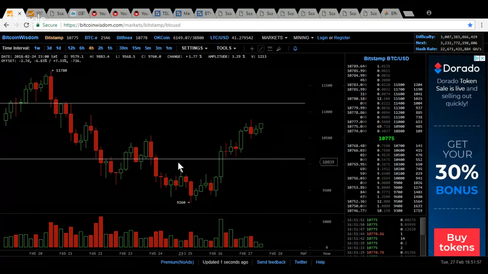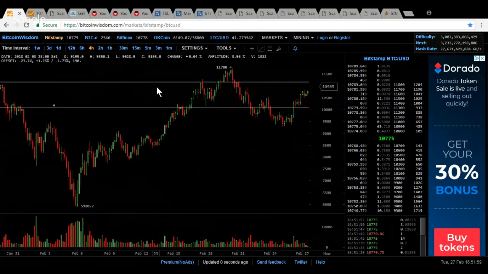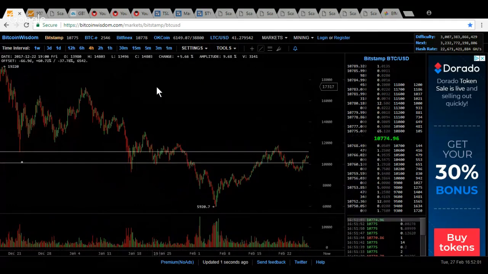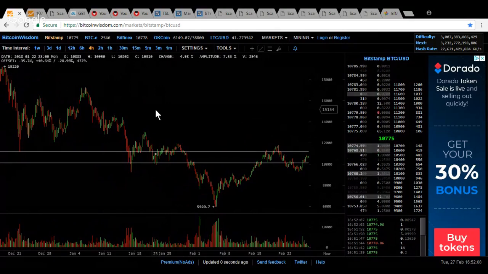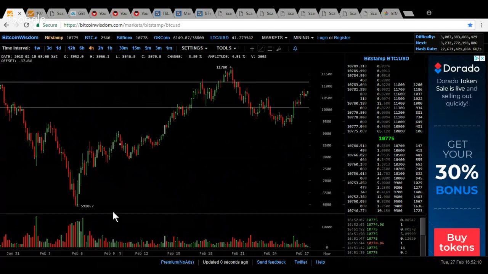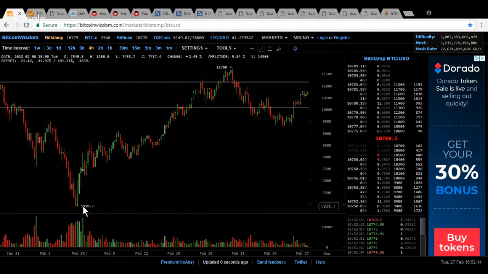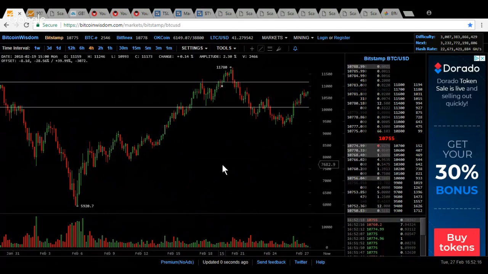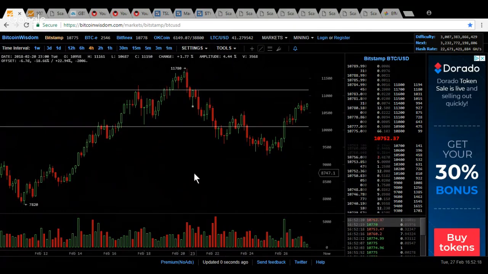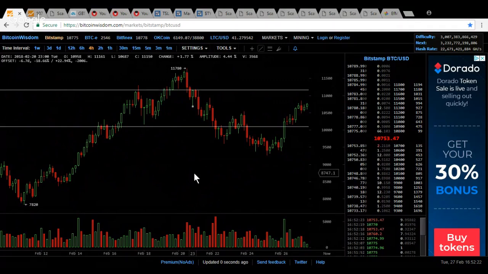Number one, we are in a downtrend still from the top at 19,666. We have a good looking bottom at 5,920, which happened to turn around on one of my hyperwave phase lines.